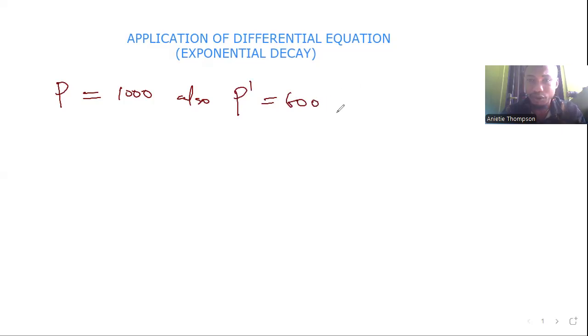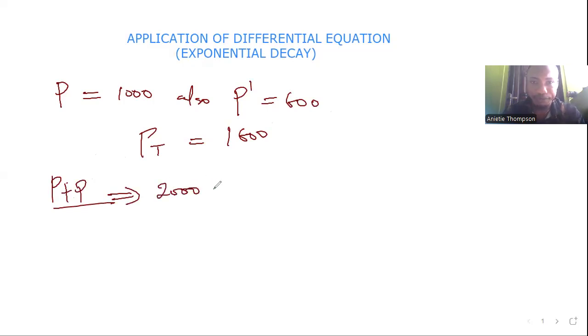That means the total population, let's call it PT, after 1 hour is 1,600 bacteria. If we double the population, P plus P, we have a total size of 2,000.